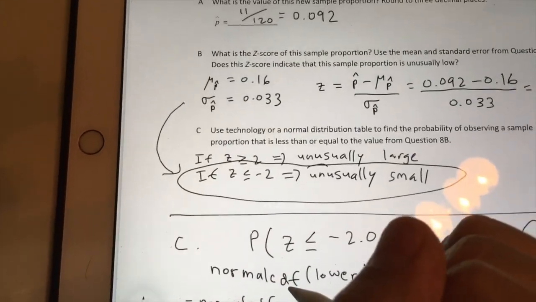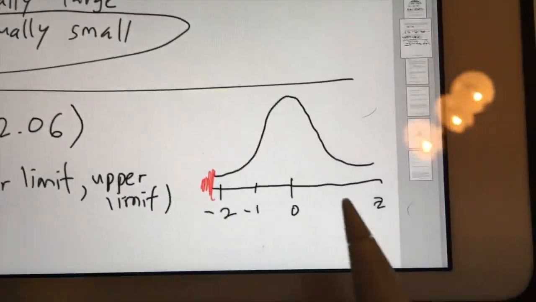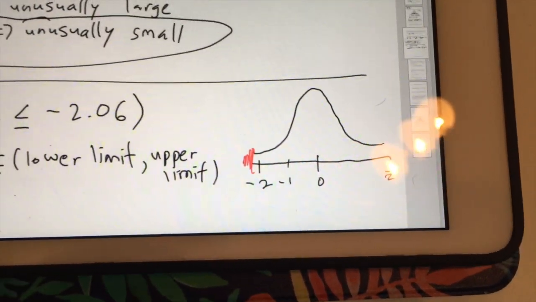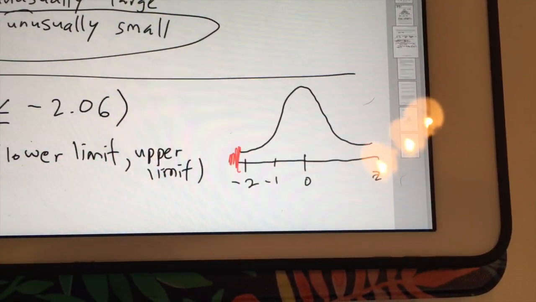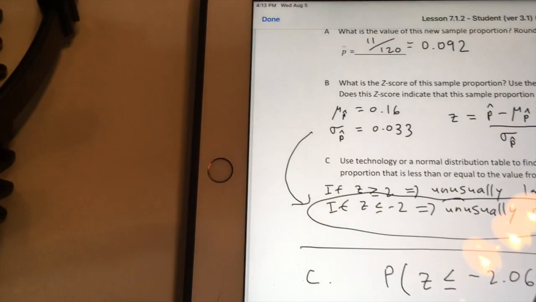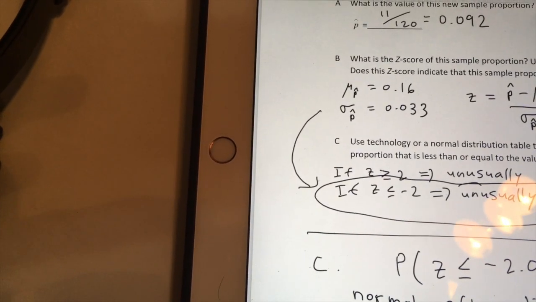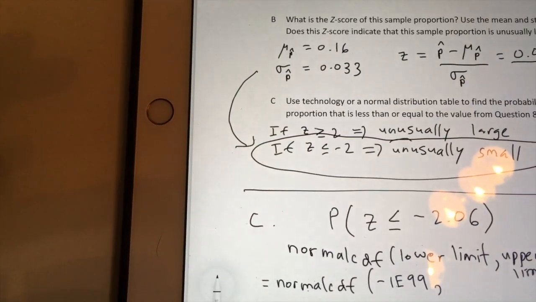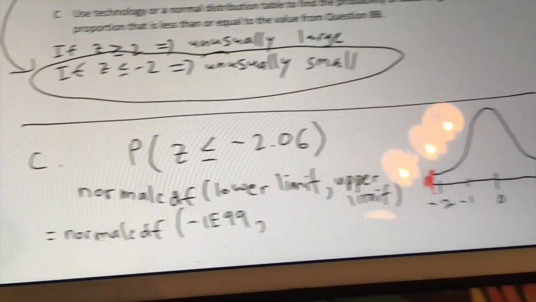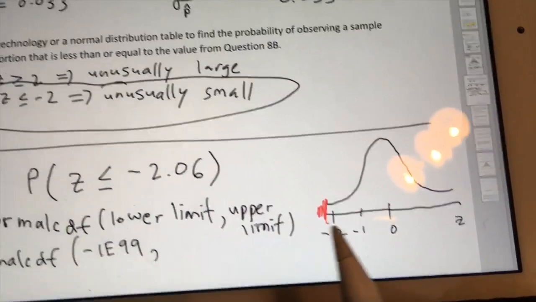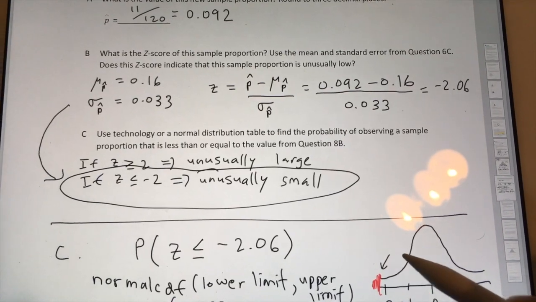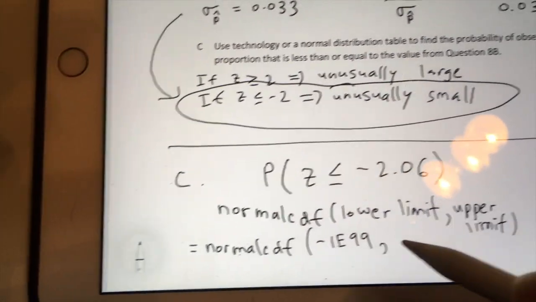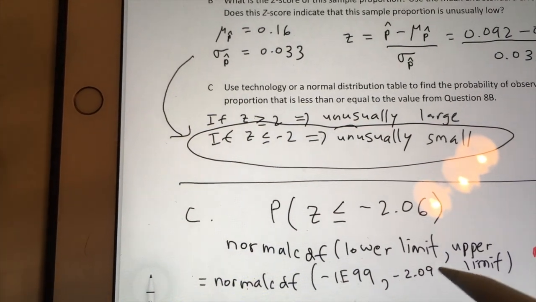So what would our lower limit be here? Well, aren't we shading to the left forever here? So when we're shading to the left forever, the lower limit would be -1e99. And the upper limit is going to be, well, how far to the right do we go? We only go up to -2.09, right? So I'm going to put that here, -2.09.